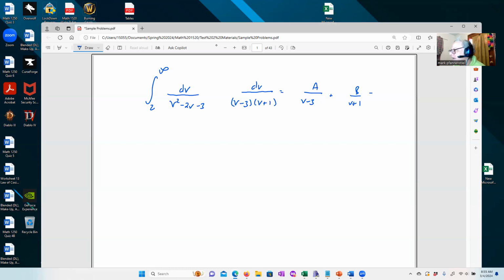So I'm going to go ahead and set it to 1 dv on the other side and figure this out. So we've got A times (v plus 1) plus B times (v minus 3) is equal to, this 1 was going to be over this common denominator here, so it's just going to be equal to 1 when I multiply through the fractions.